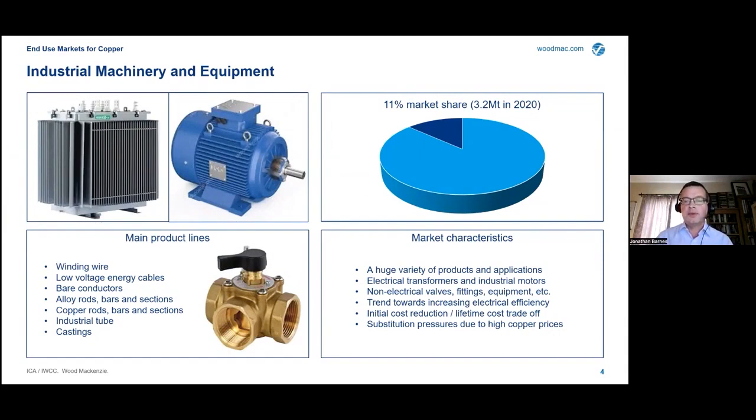Within this segment, electrical markets, obviously continuing trend towards higher electrical efficiency, but also, and this is something we'll come back to again, you're seeing this trade-off between pressures to reduce the initial cost of this equipment, against lifetime cost estimates. And again, because of the recent escalation in copper prices, you do see substitution in some areas, in electrical, between copper and aluminium. But of course, aluminium has been rising in price too.